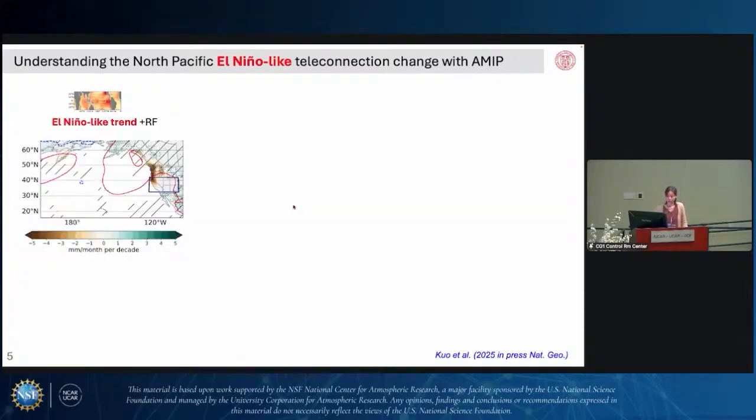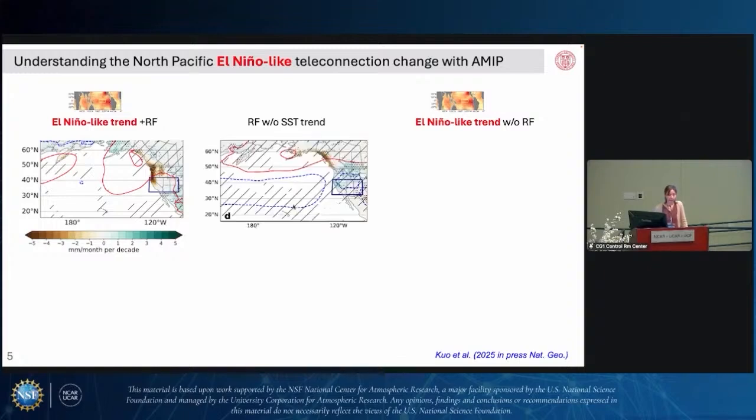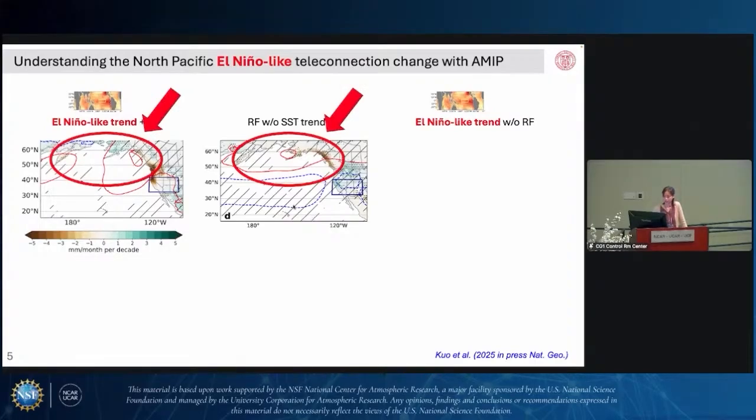And so with the AMIP-type experiment, we can now easily decompose the contributors. Basically, we run two additional experiments, one with the radiative forcing, where the SST is the repeated seasonal cycle without any trend. In this experiment, we identify an increasing sea level pressure trend in the northern part of the North Pacific, especially the northern part of the Aleutian Islands.